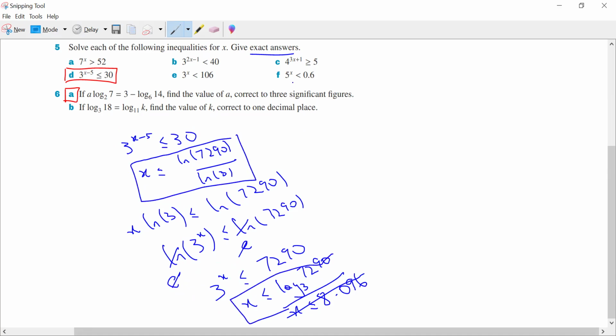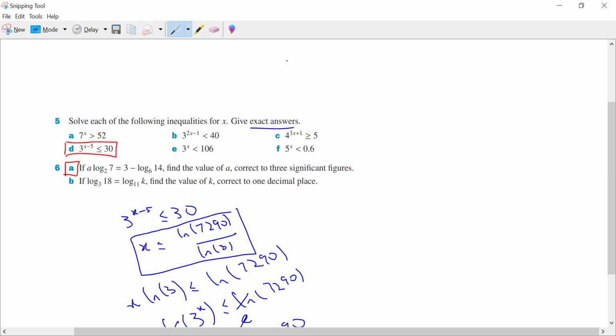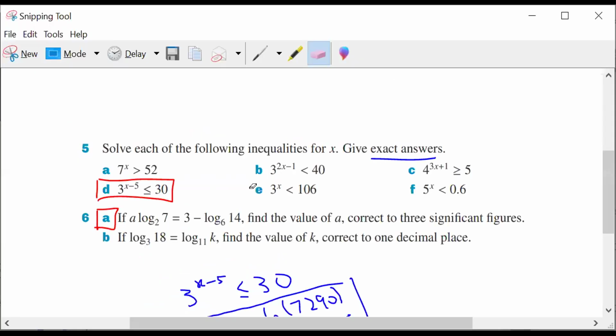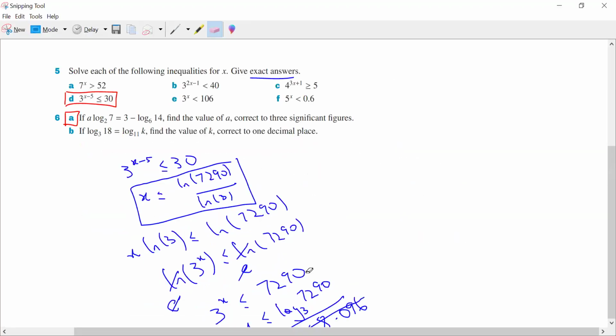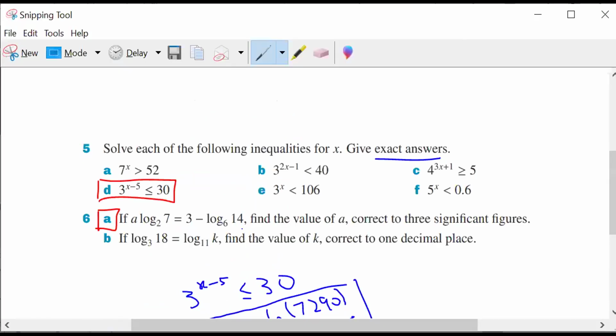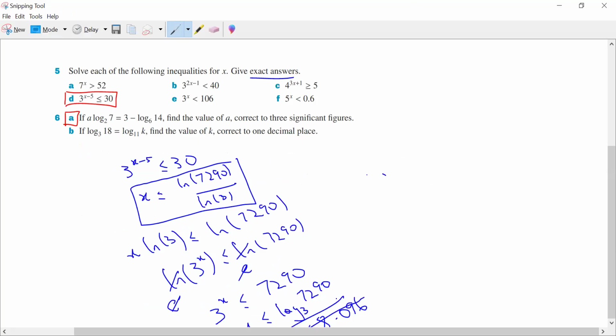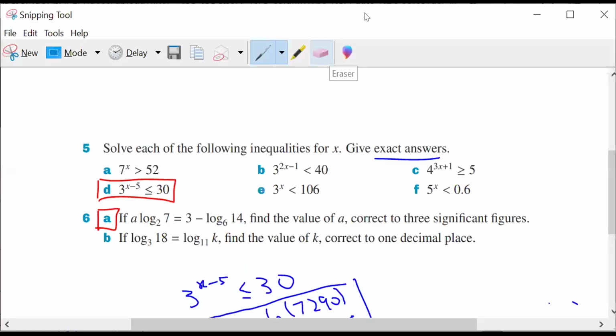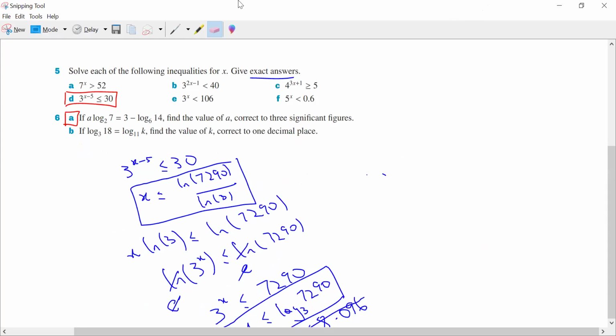Let me just quickly tidy that up a little bit. So you've got two answers there. Let me clear that, then close that. Yeah, that's pretty much that.